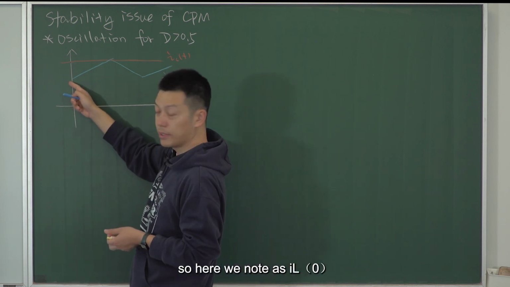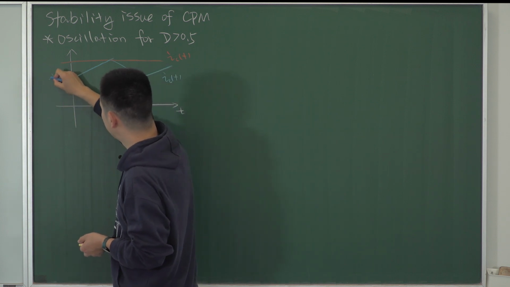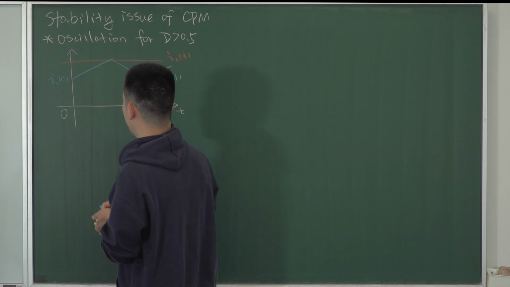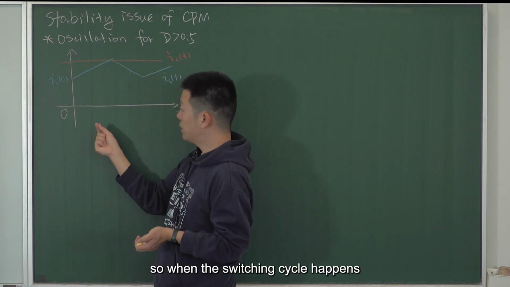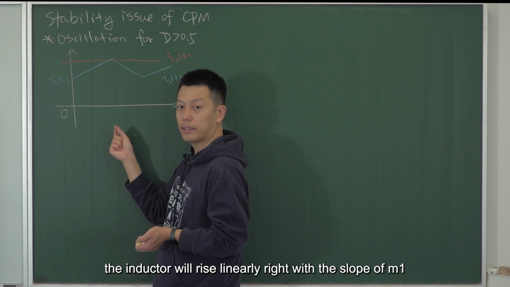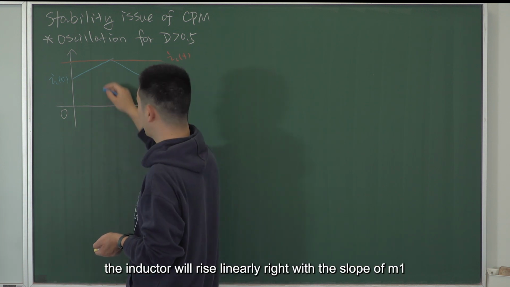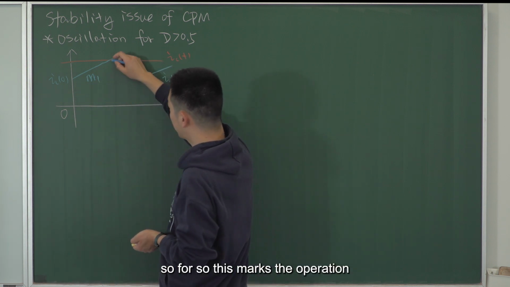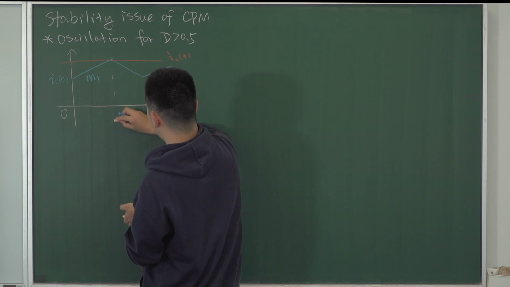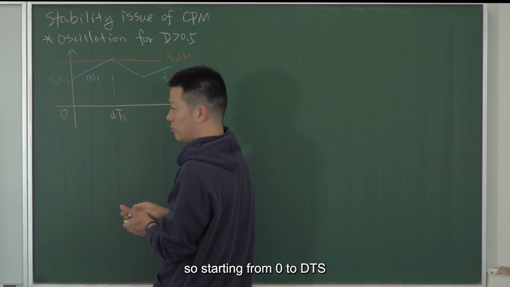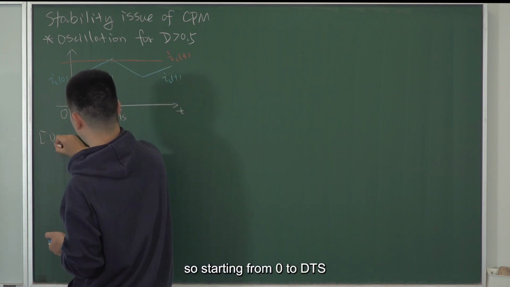Here we denote as IL0. When the switching cycle happens, the inductor current will rise linearly with the slope of M1. This marks the operation mode 1, from 0 to DTS.